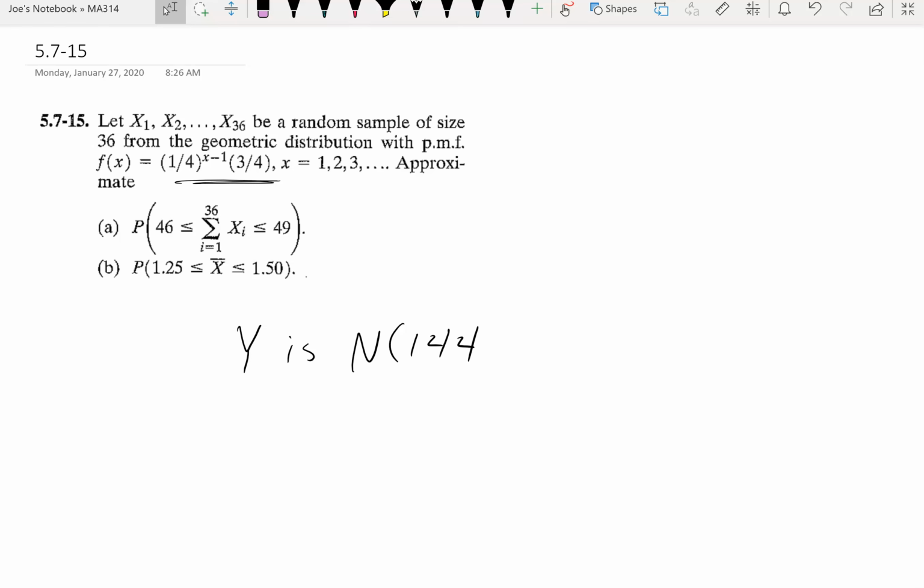Each individual one would have a mean of 4, right? Because each individual one is being taken from a geometric distribution, right?